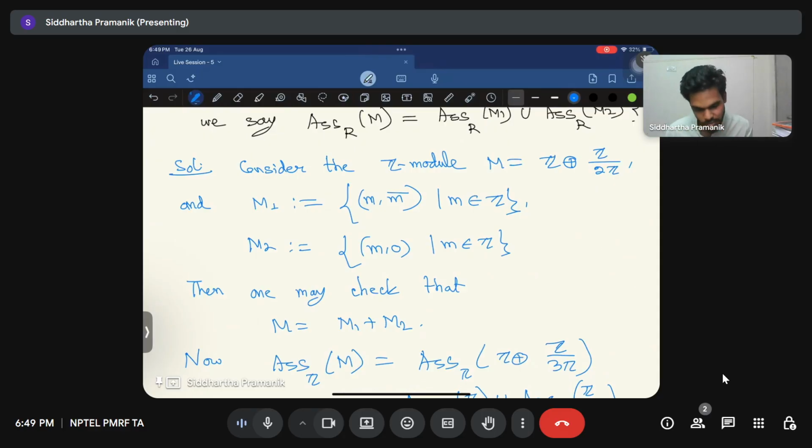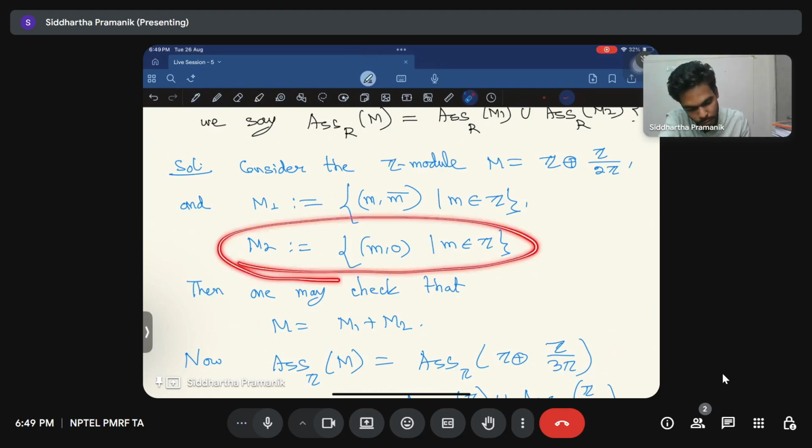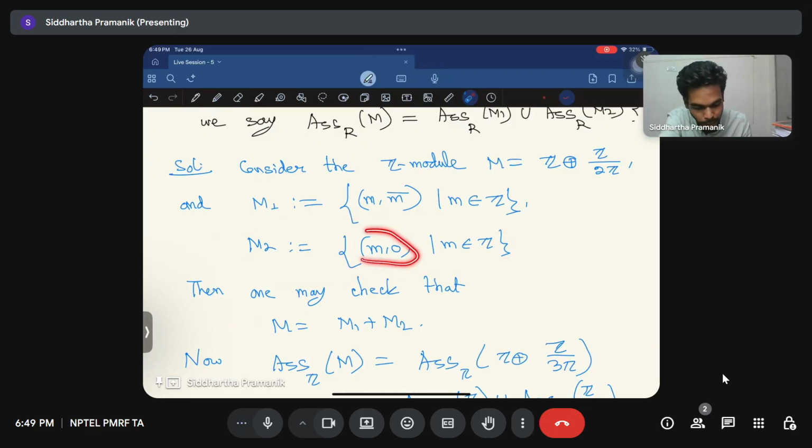So how to find the associated primes of M1 and of M2? One thing you can observe is that M2 is actually isomorphic to Z, because we only have the first coordinate non-zero.